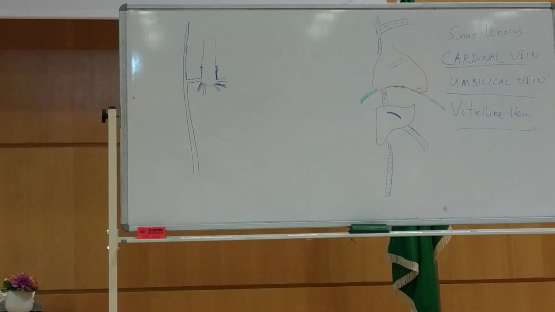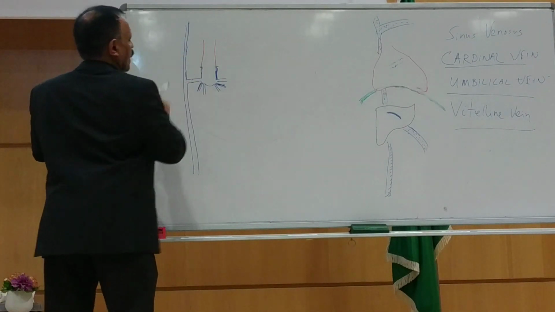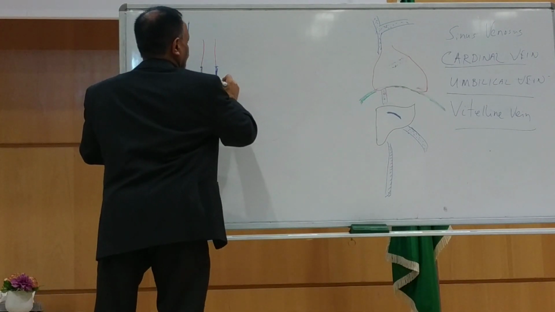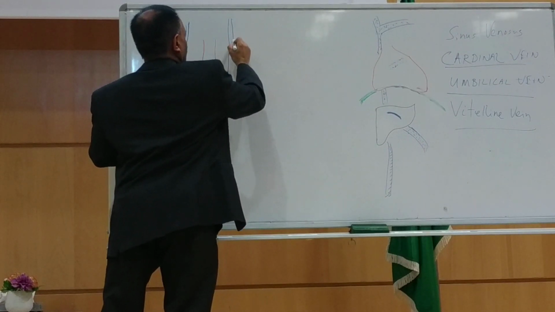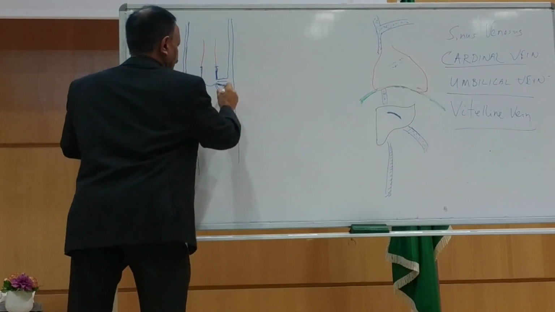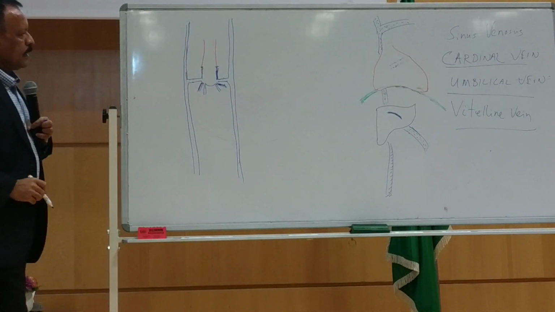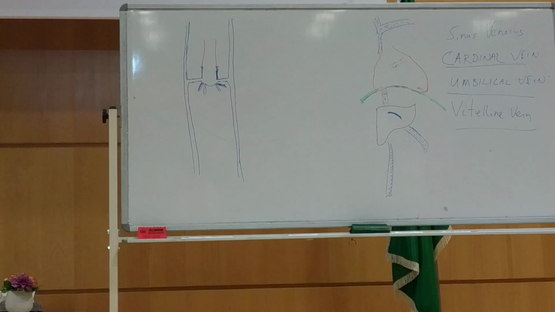Anterior cardinal vein, posterior cardinal vein, and common cardinal vein. So this is the right side, so right cardinal vein. So on the left side is the same thing. Left anterior cardinal vein, left posterior cardinal vein. Okay? And the left common cardinal vein.